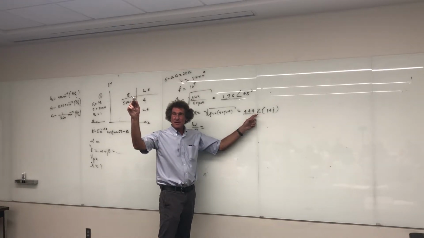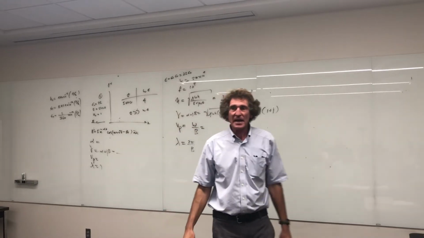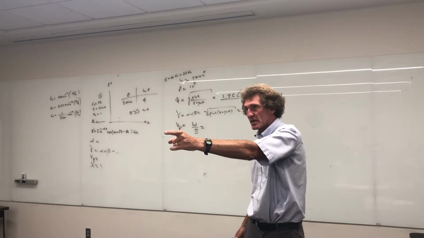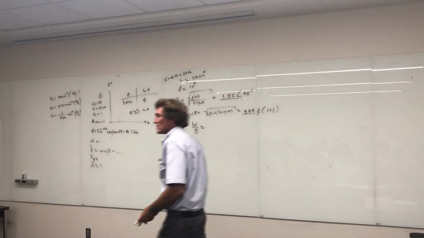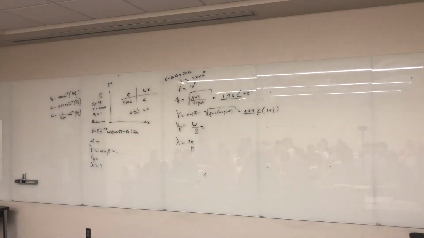Can you see it back there too? Kind of, sort of? Just barely. There's like a weird glare. Somebody told me that. I can't do a thing about that. Is it bad on that side of the room or just this side? It's just the top. I mean, it's still legible. Well, let me try something. I don't know where the glare is coming from, but let me try something. What I'm trying to do is not turn that down.